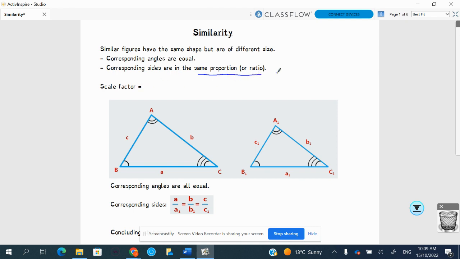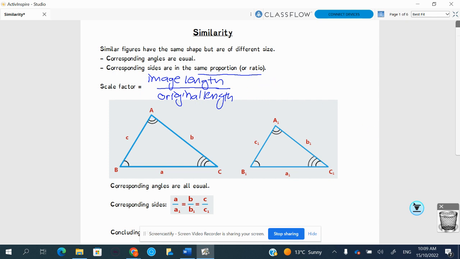And we call this proportion or ratio the scale factor, which is the image length divided by the original length. And we'll do an example of this shortly.